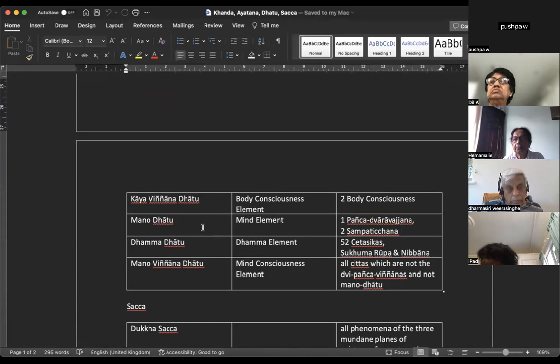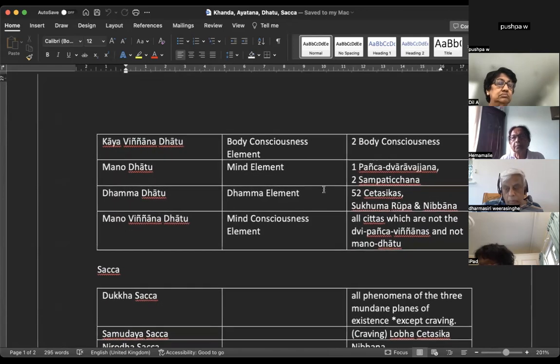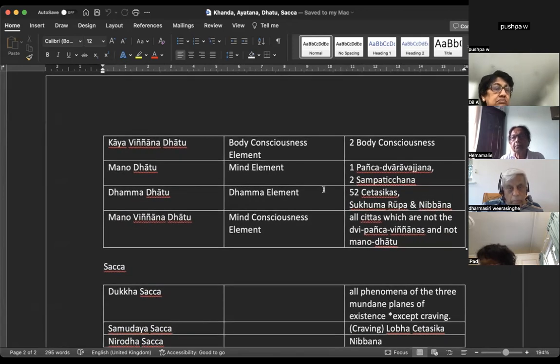Whereas the Mano Dhatu arises objectively because of the objects that arise at the sensory doors. So Mano Dhatu, the Panchadvara Vajana and the Sampatichana, arise focused upon the object that has impinged upon the Pasada Rupa.